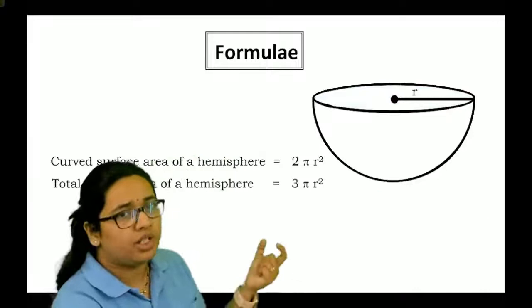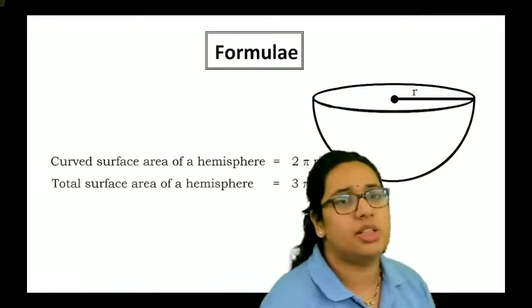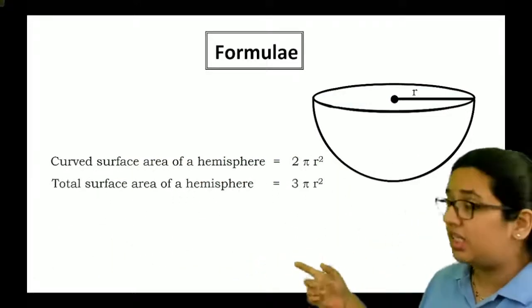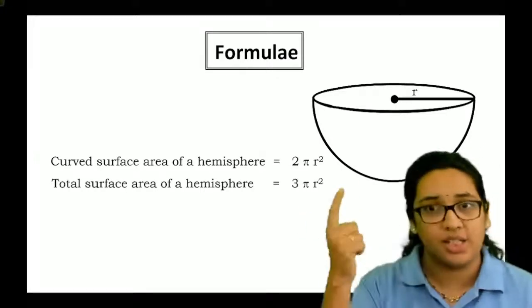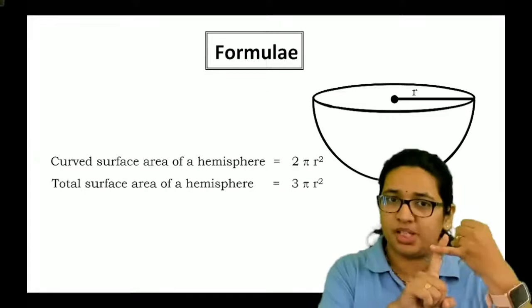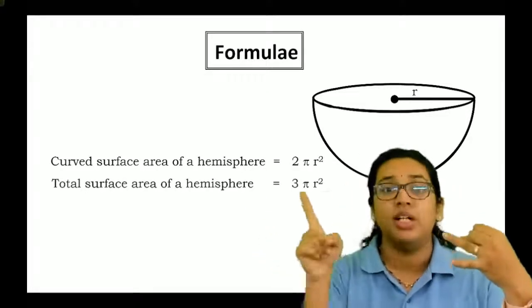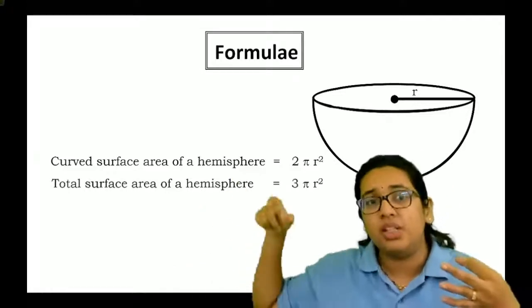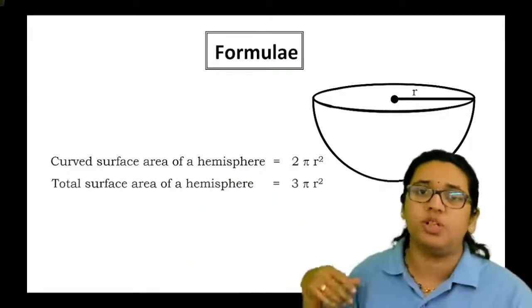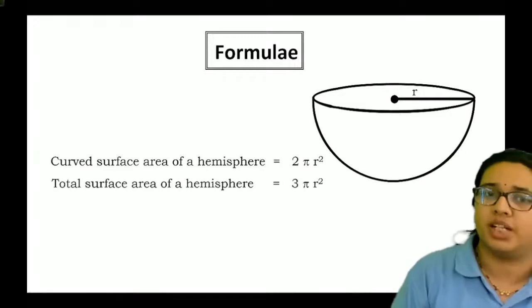So after adding, you will get the total surface area of a hemisphere as 3 times pi r square. See, it is very good for remembering, right? The total for a sphere is 4 pi r square. The total surface area of a hemisphere will be 3 pi r square, and only the curved surface area of the hemisphere will be 2 pi r square. Getting this one?